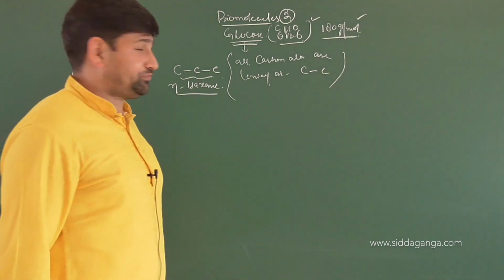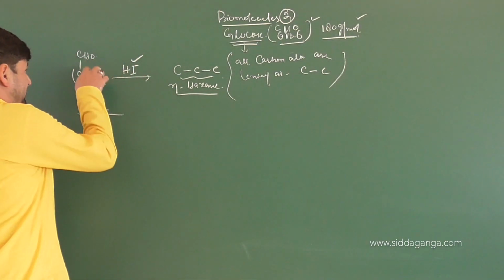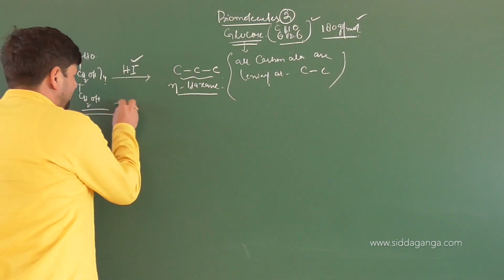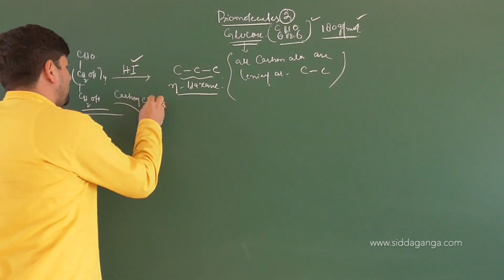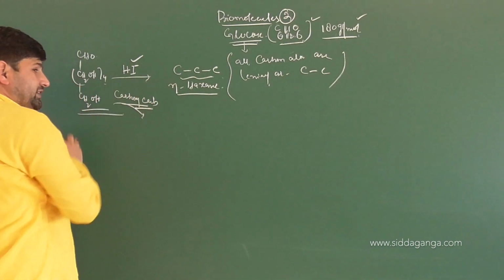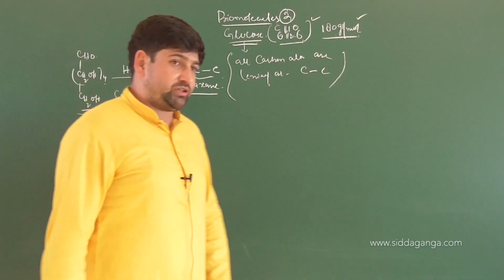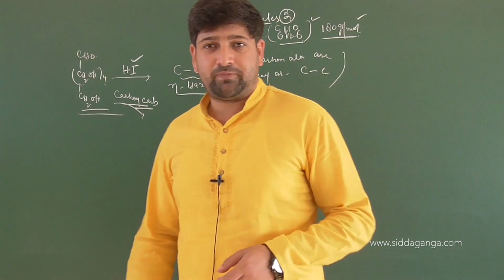Yes, basic thing. Certain more important factors with respect to glucose: to find out whether a carbonyl carbon is present or not in the given molecule, because we already know carbohydrates contain a primary carbonyl carbon in the form of aldehyde or ketone.